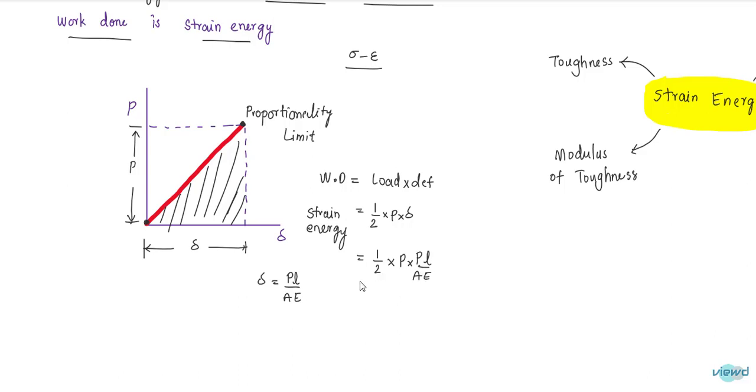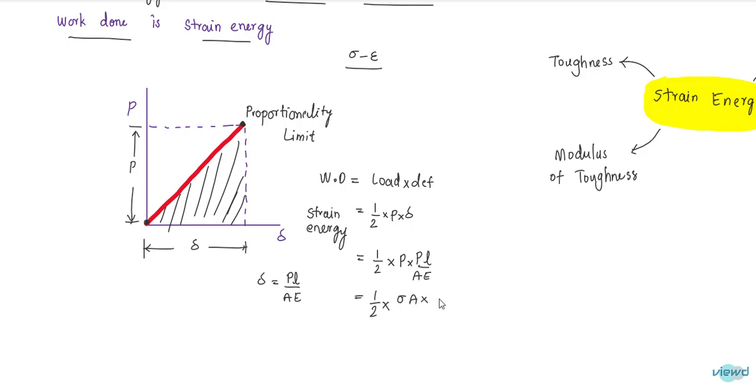Now P can be written as sigma into A, stress into area.